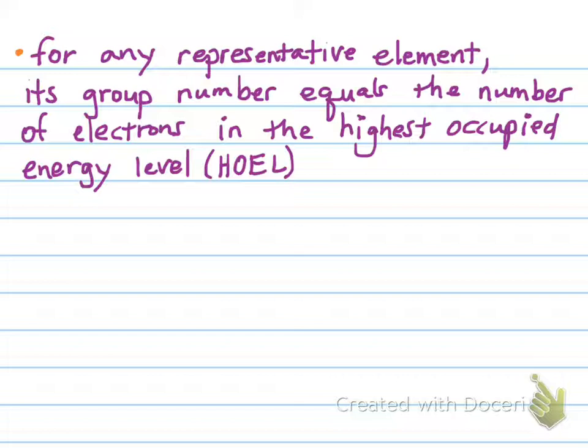So we also notice on our periodic table that the short columns also have B's behind them.